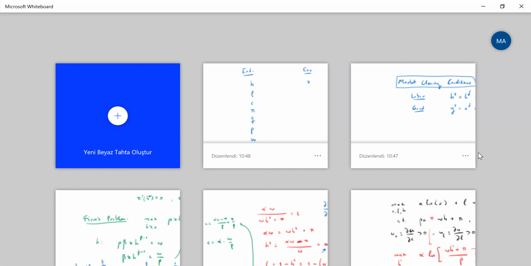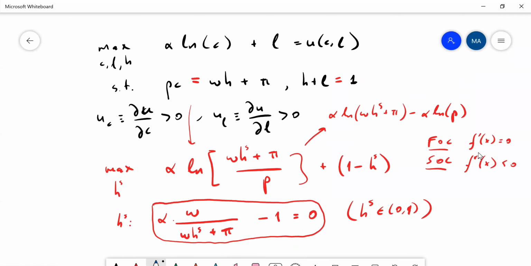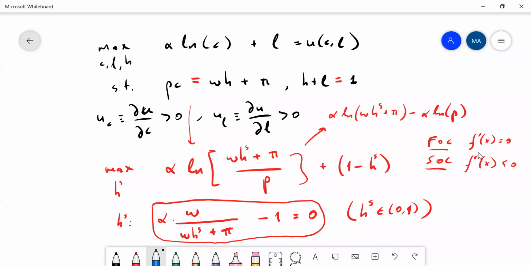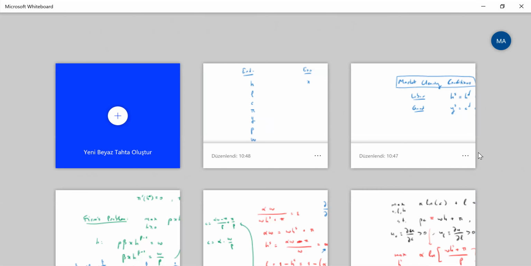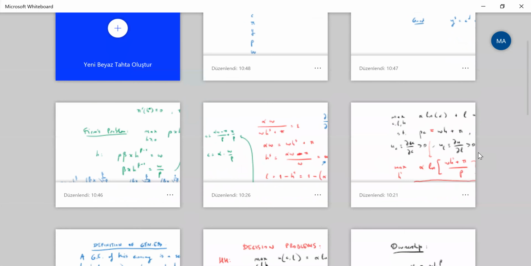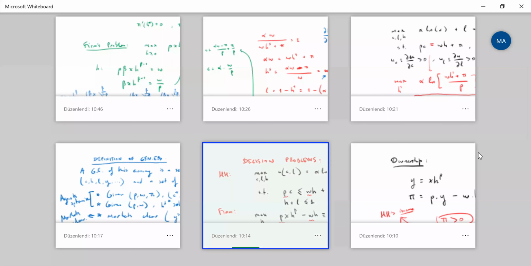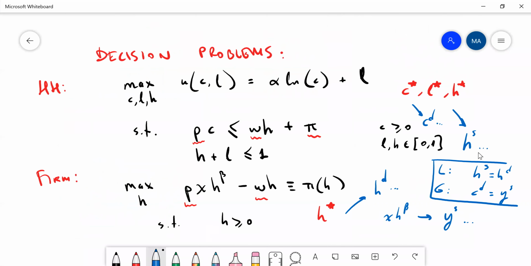No. If you go back to the decision problems, you see that we have one parameter in the preferences and one parameter in technologies.